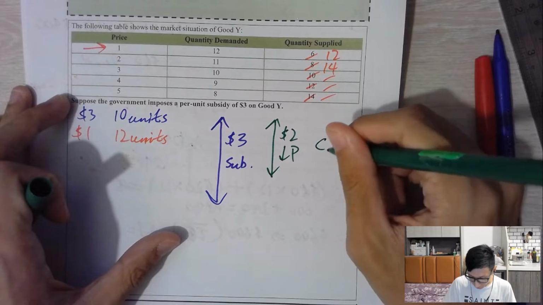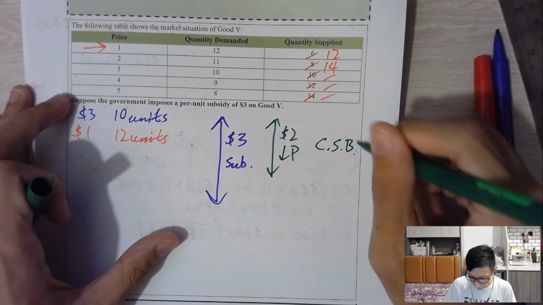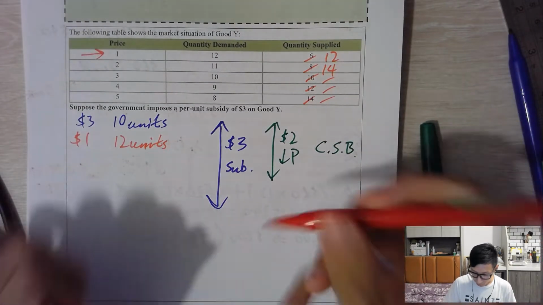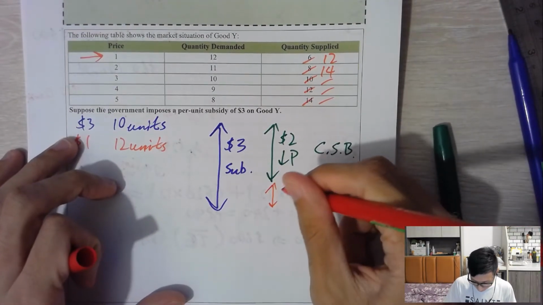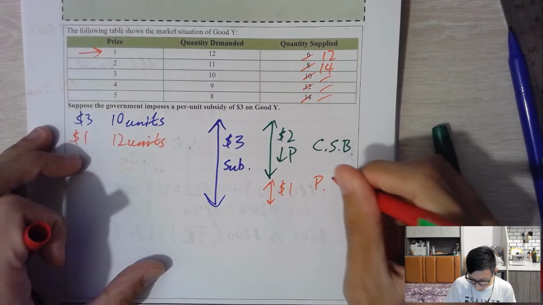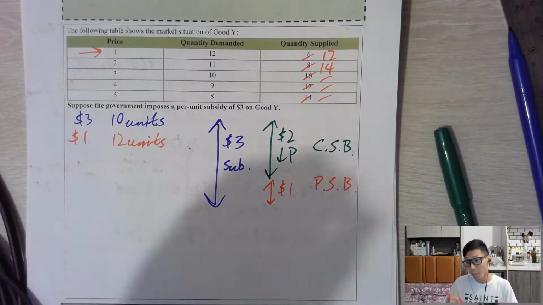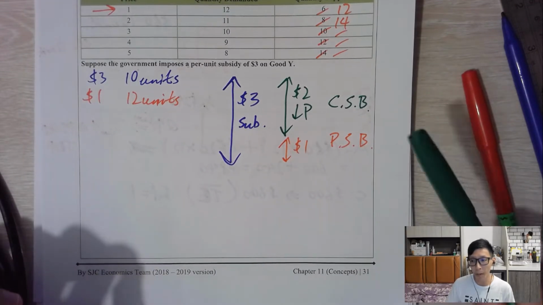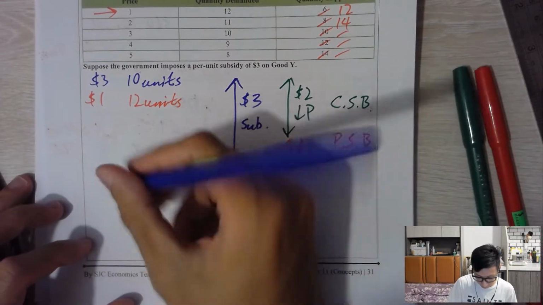We call that consumer subsidy benefit. But there is $3 in total, so who gets the other $1? The rest of the $1 would be producer subsidy benefit. The producer takes what is left. On a total basis, let's try to calculate.